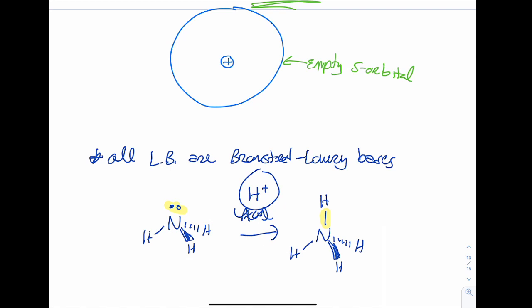The only way a base can accept a proton is if that base has a lone pair. So all Bronsted-Lowry bases are also going to have that lone pair. They can't bond to H plus if they don't have something to bond to it with. So Bronsted-Lowry bases also have a lone pair of electrons on them.